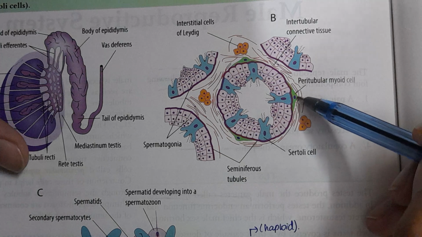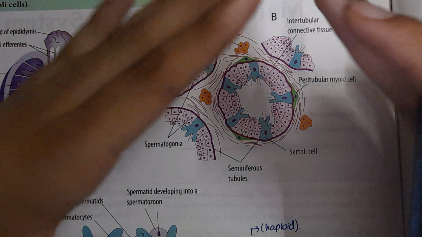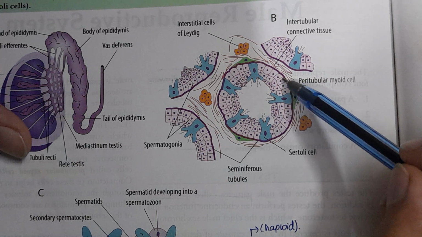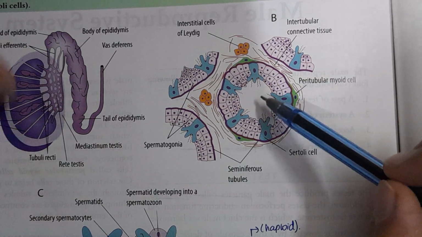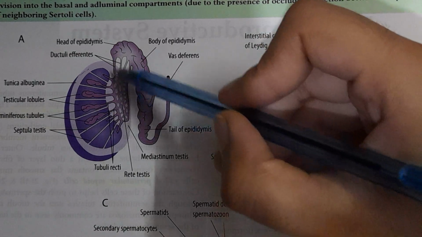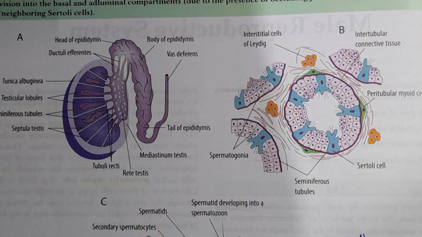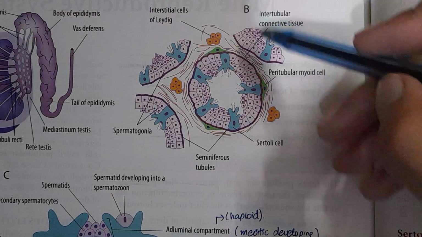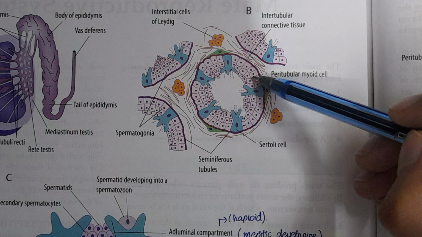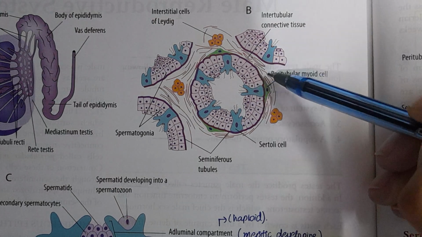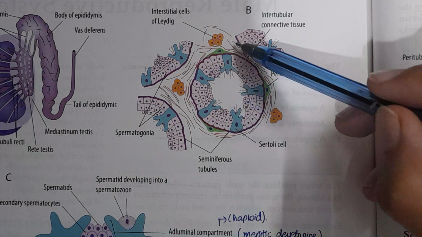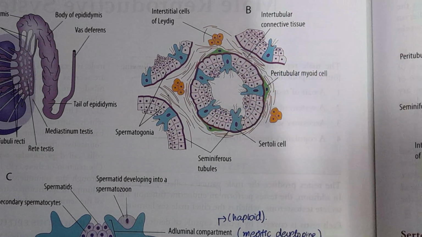They provide a contracting force to push the developing spermatogenic cells to the lumen, and then they are pushed into the straight tubules, and from the straight tubules all the way up to the spermatic cord. So this was the main idea behind them. Over the basement membrane there is the stratified cuboidal epithelium. Beneath the basement membrane we have the peritubular myoid cells. Surrounding it we have the intertubular connective tissue.